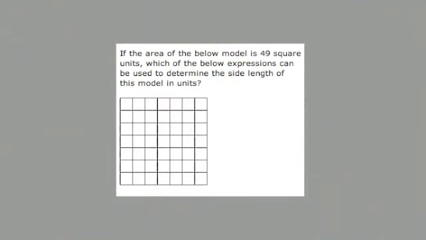So if the model is 49 squares total, how many square units are each side of the larger square? We can count. And there's 1, 2, 3, 4, 5, 6, 7. So it would be 7 times 7 is 49. So which expression can we use? We could either pick 7 times 7 or 7 squared.